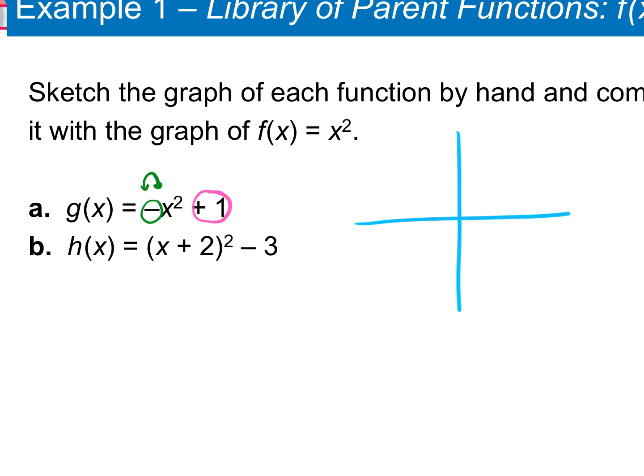What type of transformation do you think happens when we add 1 on the outside? It goes up 1. Just up. Yeah. So our parabola is going to get shifted up 1. So instead of just being at 0, 0, we shift it up 1, and it opens down. So our parabola would look like that.